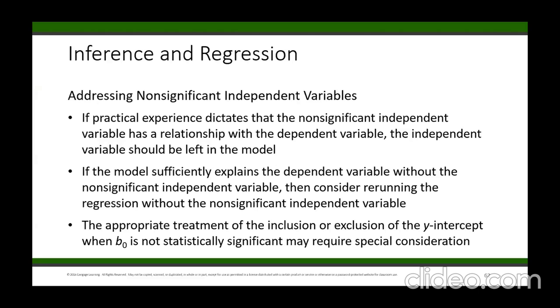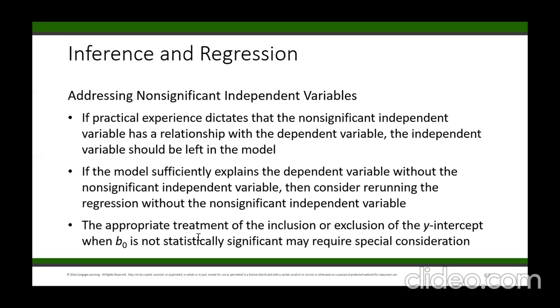If we have a reason why this factor should be included in the model, we should keep it. For beta 0, the y-intercept, that's the only exception. In business examples, we have no practical or theoretical reason in most cases why this should be removed.